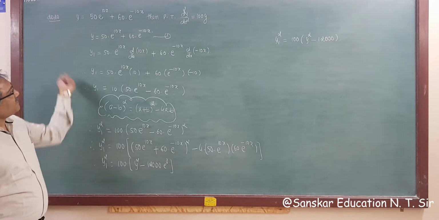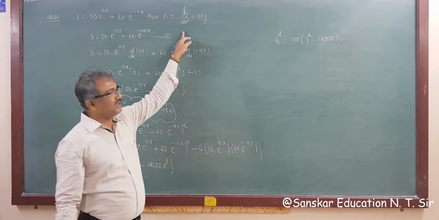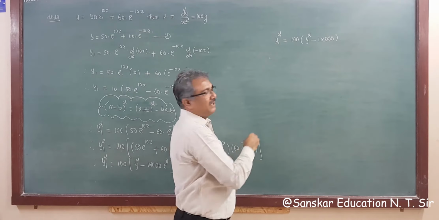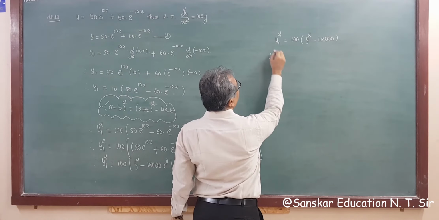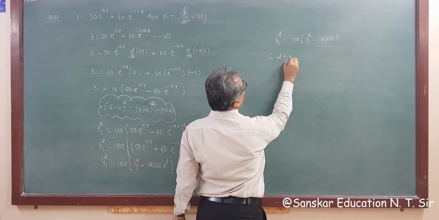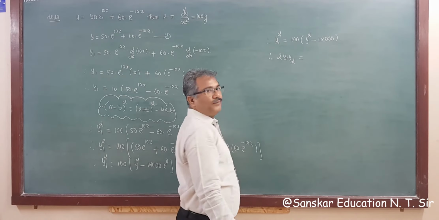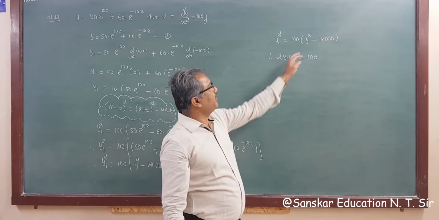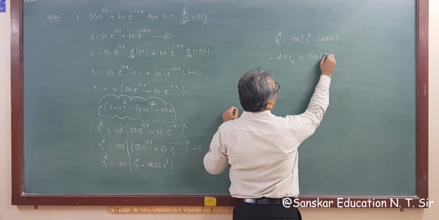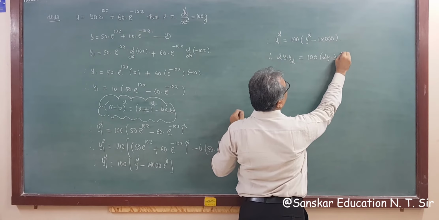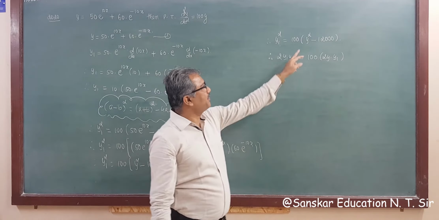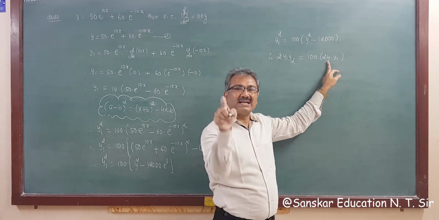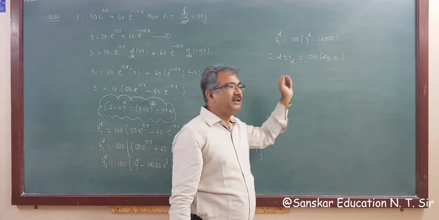Now we want d square y by dx square. So again differentiating with respect to x. So derivative of y1 square is twice y1 y2 is equal to, 100 is constant, so 100 as it is, and derivative of y square is twice y, and we have to apply chain rule because we are differentiating with respect to x, so twice y into y1.